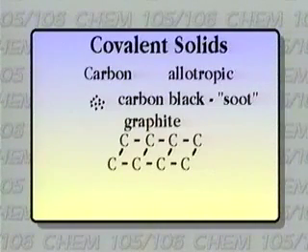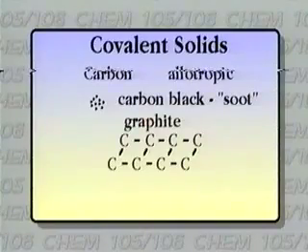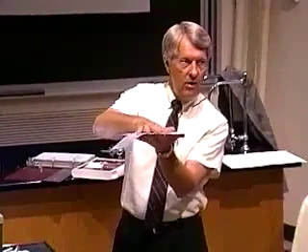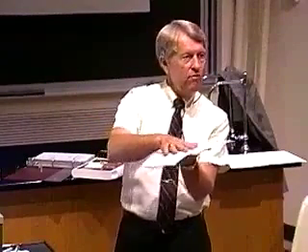This would be a sheet of graphite, and this would be a sheet of graphite, and there's really nothing in between the two other than mass attraction, and these slide pretty easily over each other. So these little sheets of graphite are fairly mobile, with very little friction, and provide an excellent lubricant.